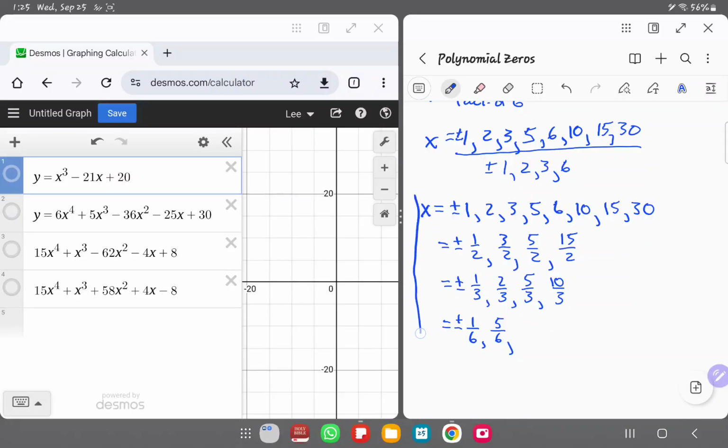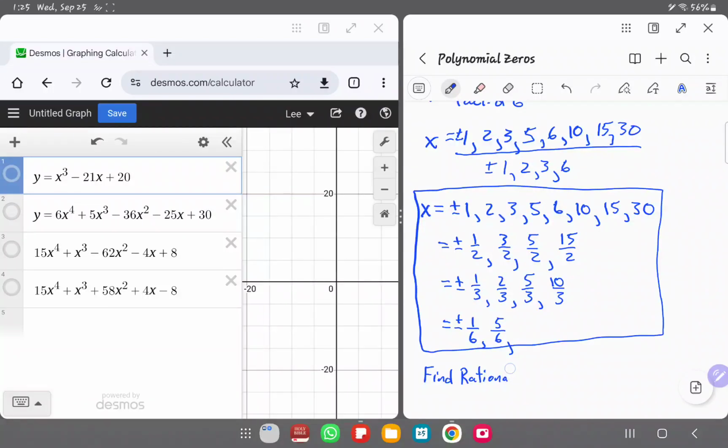Whew. All right, so that is my big long list of possible rational zeros. Now we started with a 4th degree, so at most only 4 of these are actually going to work. And then the next step, if I actually wanted to find the rational zeros, we'll put in parentheses actual, the ones that actually work.